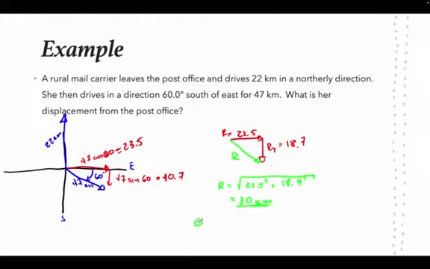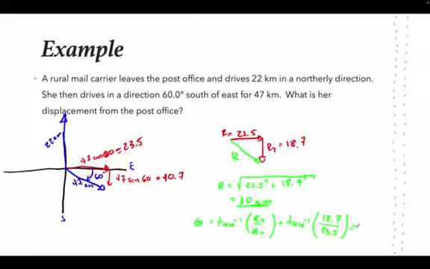To find the angle, I would use inverse tangent of ry over rx. So this is equal to inverse tangent of 18.7 divided by 23.5, and this is equal to... the inverse function gives you the angle that has such a tangent, right?